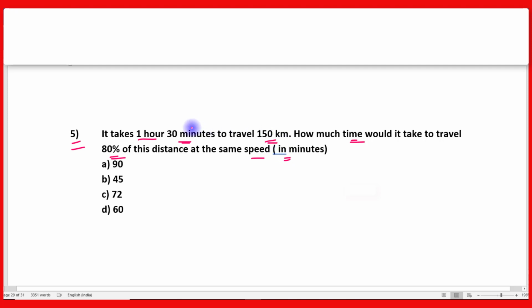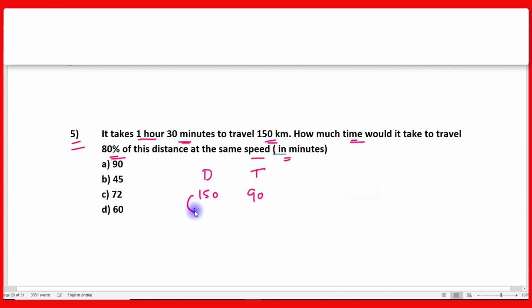So here it takes 1 hour 30 minutes, which means 90 minutes, to travel a distance of 150 km. How much time would it take to travel 80% of the distance?